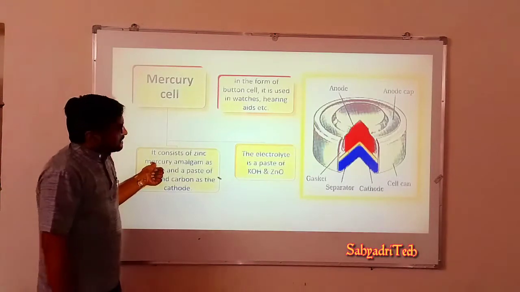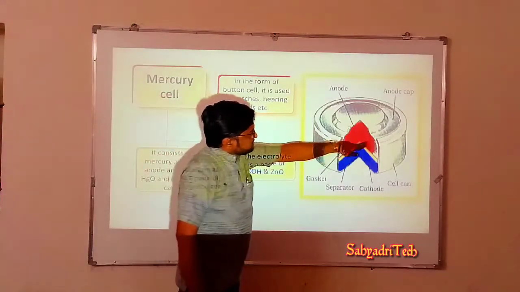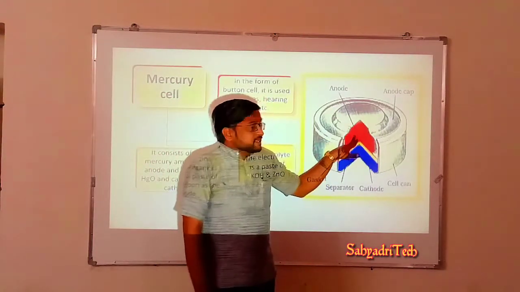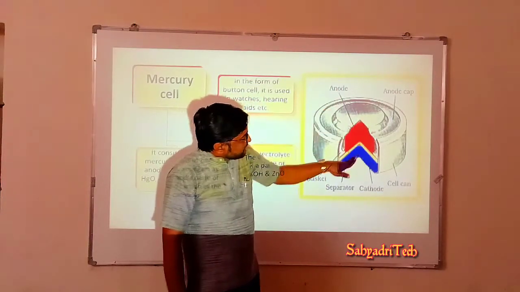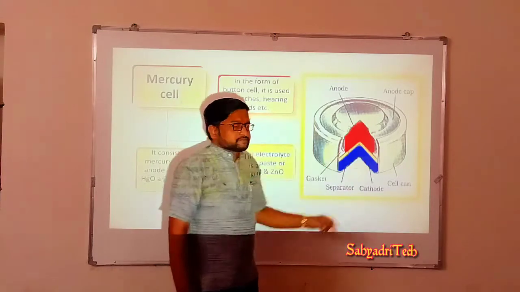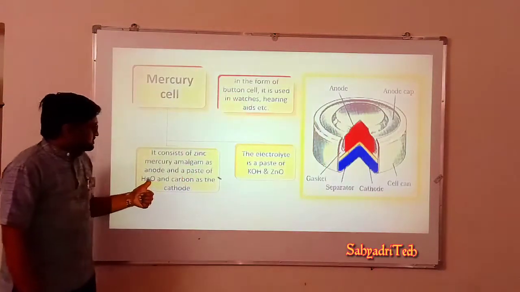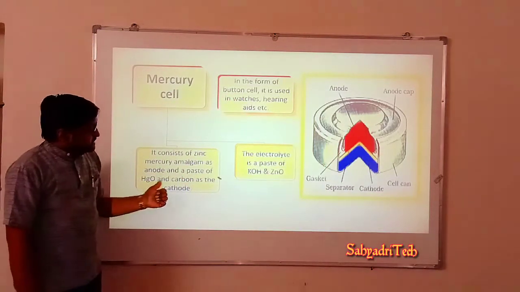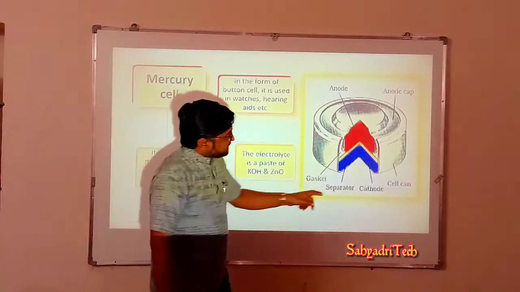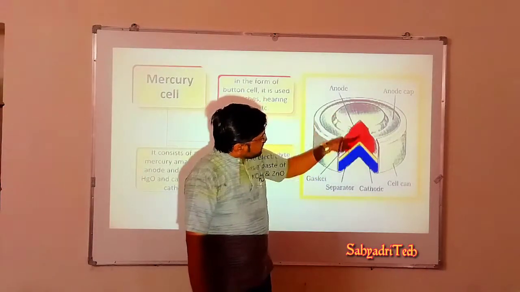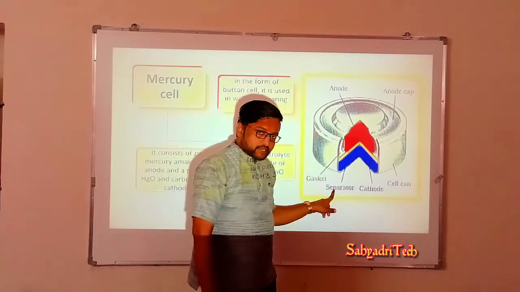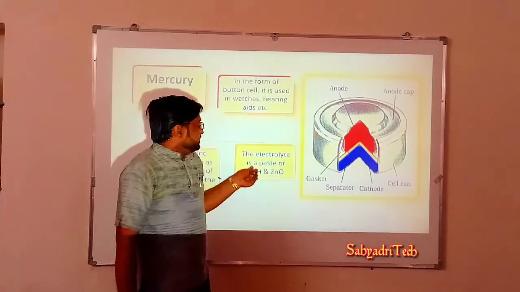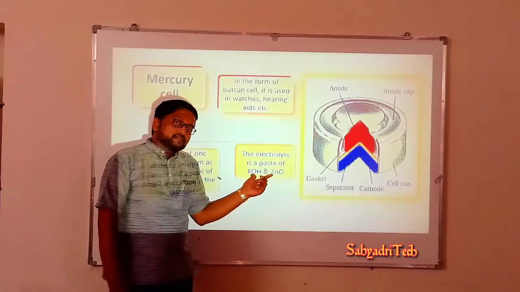Zinc mercury amalgam, the red colored one in the diagram, acts as the anode. And the blue colored one, what is it? The cathode, a paste of mercuric oxide with carbon. Both anode and cathode are separated by a thin layer called the separator, which is filled with a paste of potassium hydroxide and zinc oxide.